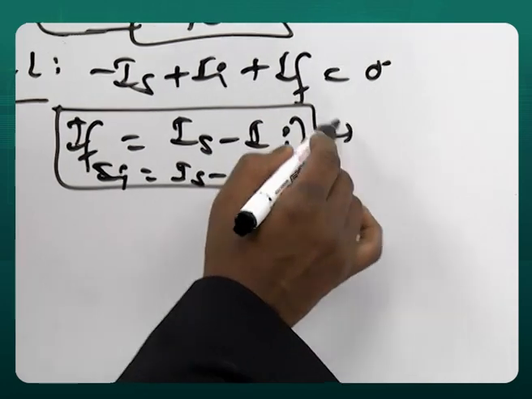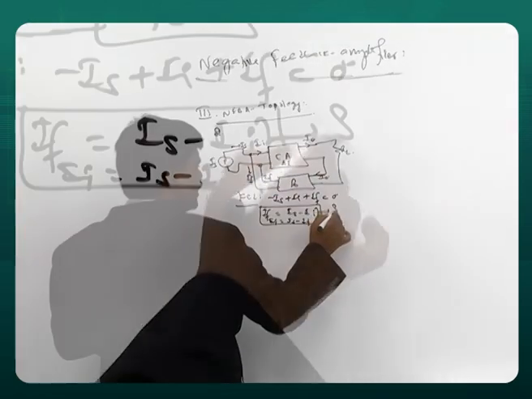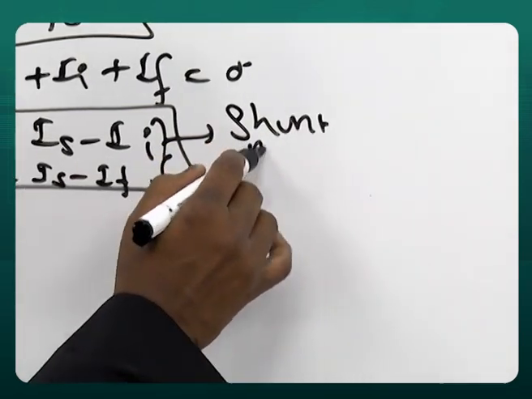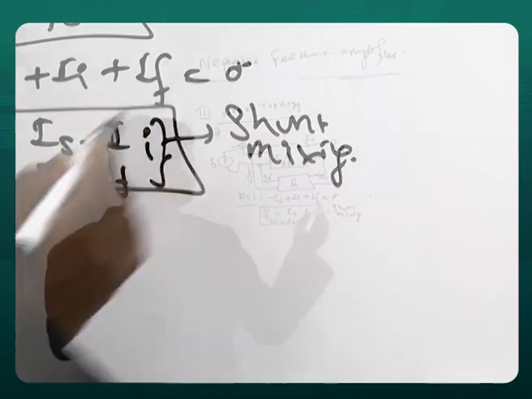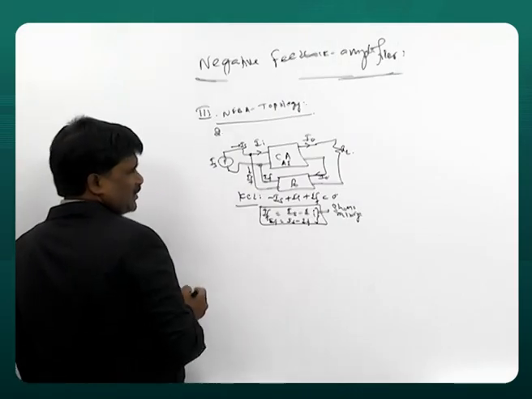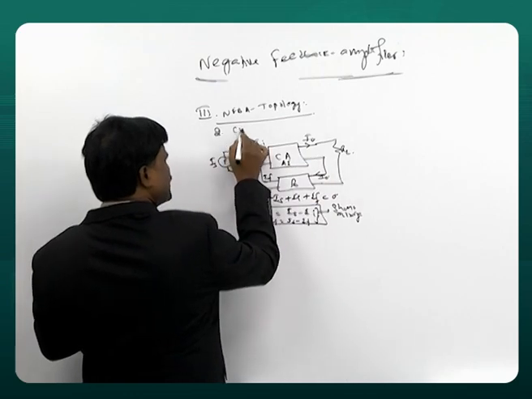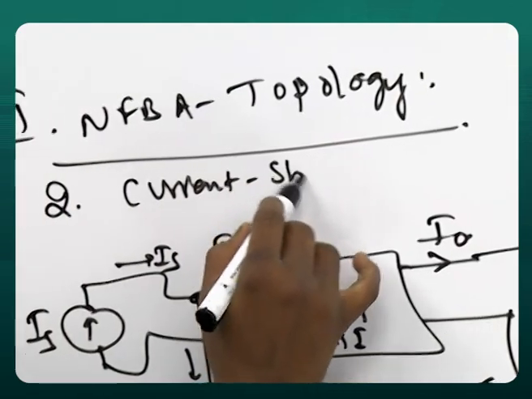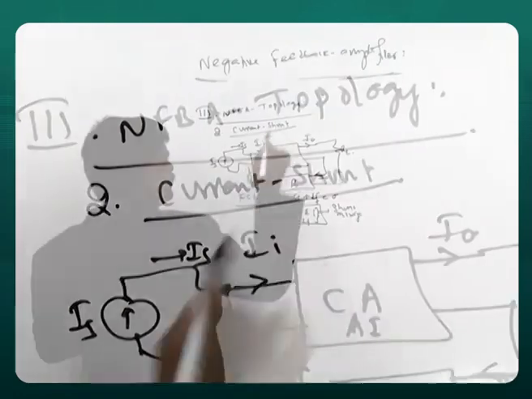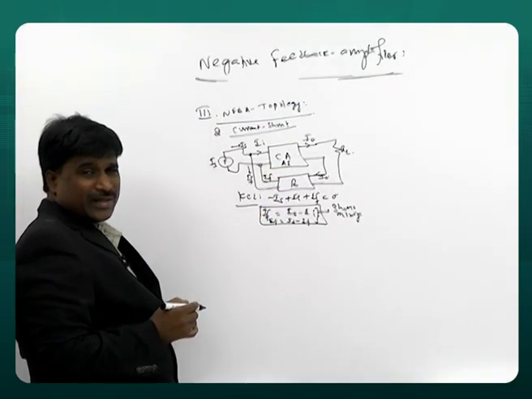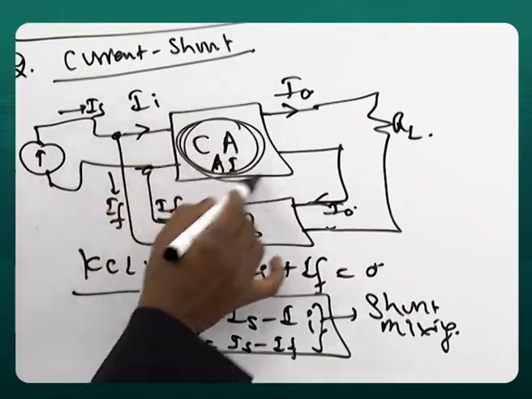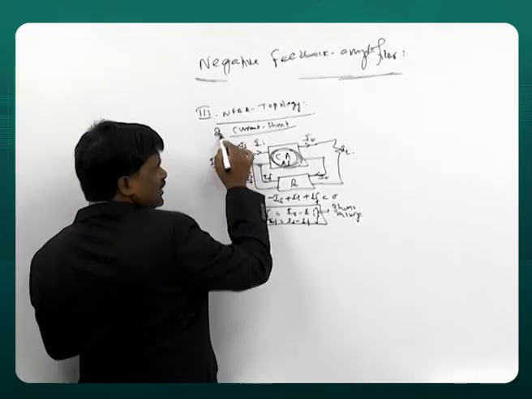By this you can say, what mixing is that? Current mixing. Current means shunt mixing. Shunt, output is current. So this is called current shunt. Understand, the only possible topology with a current amplifier is current shunt.